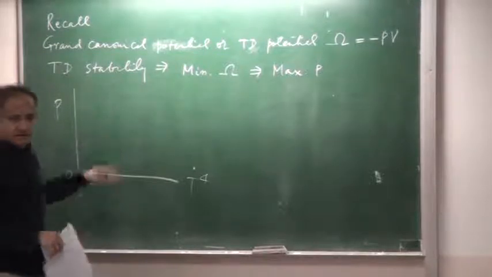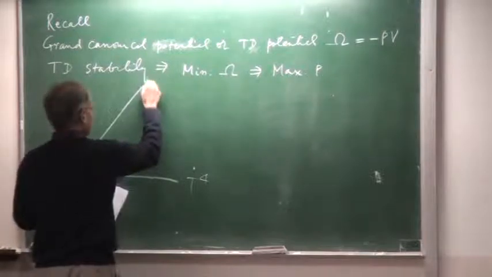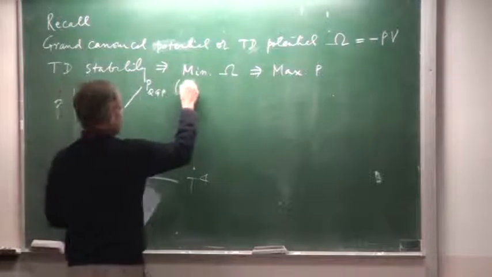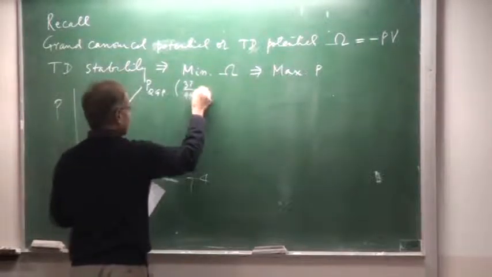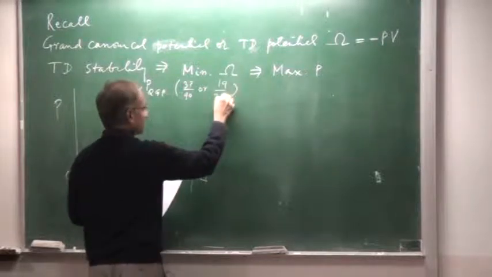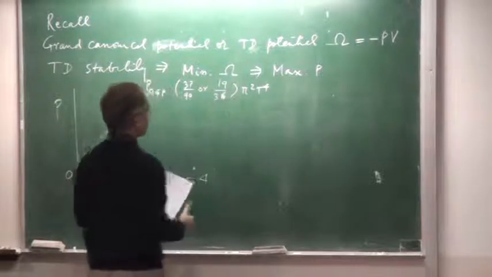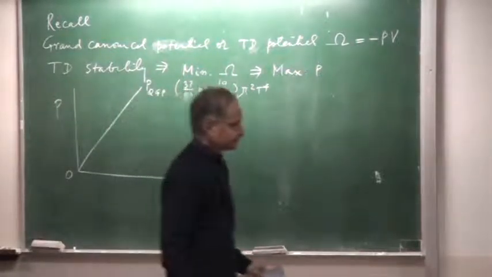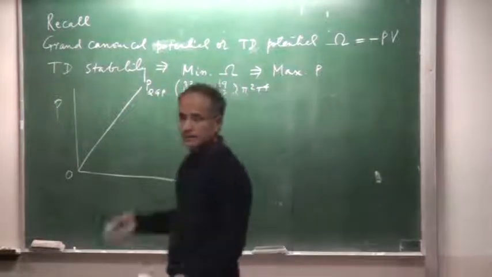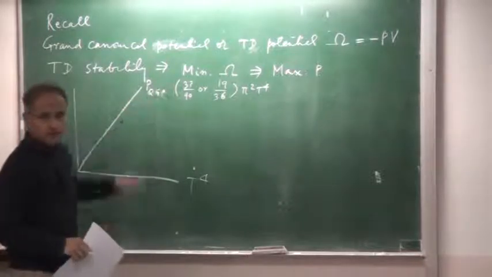I will get a straight line. So this is one straight line for the pressure of QGP. The factor could be either 37 upon 90 or 19 upon 36, depending on how many flavors you are using. I will get some straight line with some slope.